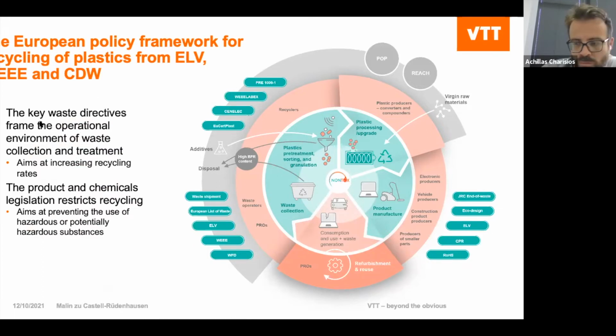In this study, we have highlighted that the legislative framework on waste aims at increasing recycling rates, while the legislative framework on chemicals and products aims at preventing the use of harmful and potentially harmful substances. But when dealing with a waste containing hazardous substances, and when aiming towards recycling this waste, this is creating some barriers for recycling.